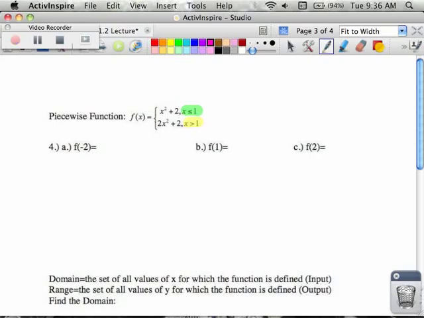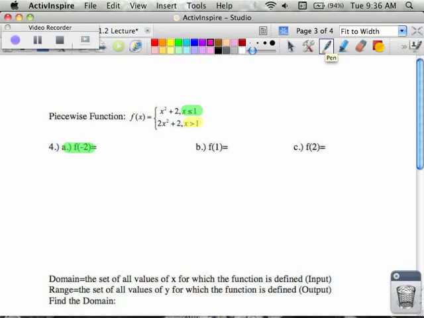If I look at f of negative 2 in letter A, the negative 2 is a number that is less than or equal to 1. That means that I am using the green stuff. So I look in the green stuff and I don't use the 1 stuff at all.